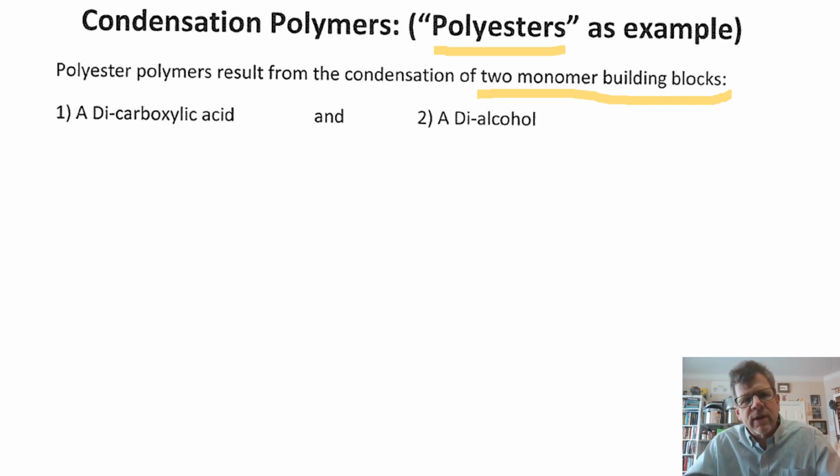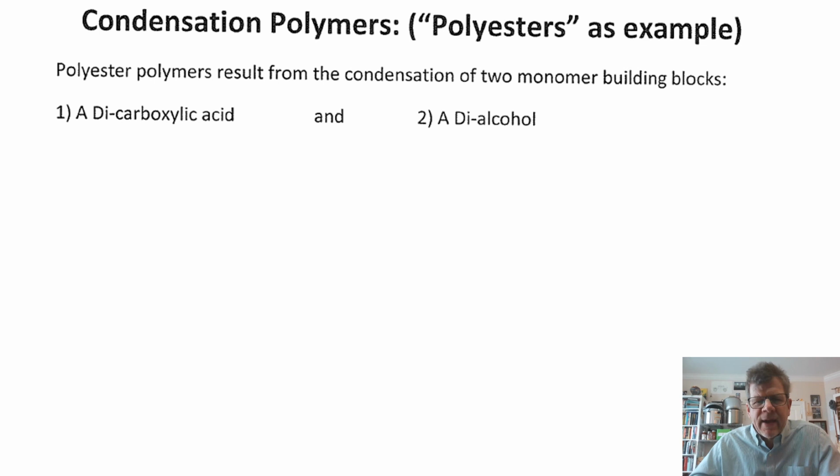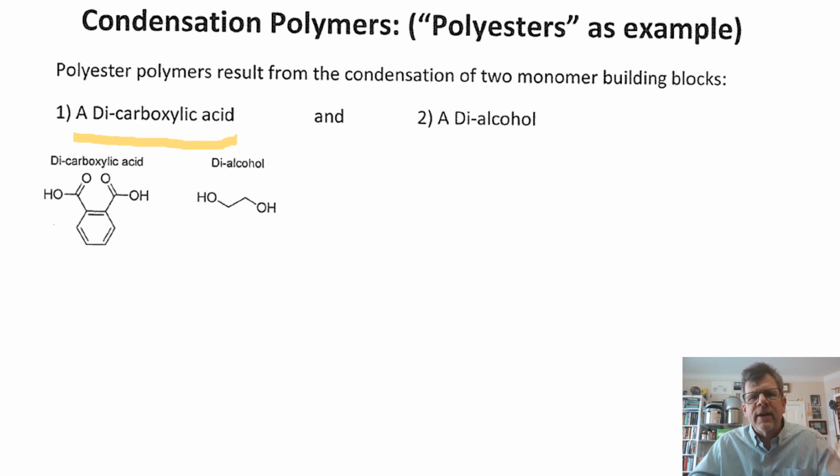Well, let's look now at what our building blocks would have to be on a polyester. There's some variation, but typically one of our monomers is a dicarboxylic acid, and another is a dialcohol, meaning we have a molecule which has two carboxyl groups on it, a dicarboxylic acid, and a molecule with two hydroxyl groups on it, that dialcohol.